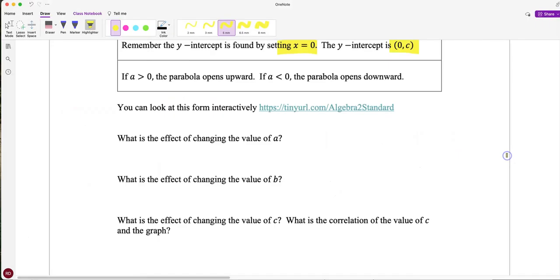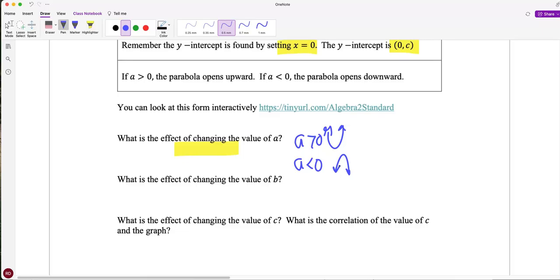Now, let's get a little bit of practice with this one. So the value of a, changing a, you know that when a is positive, it opens up, and when a is negative, graph opens down.